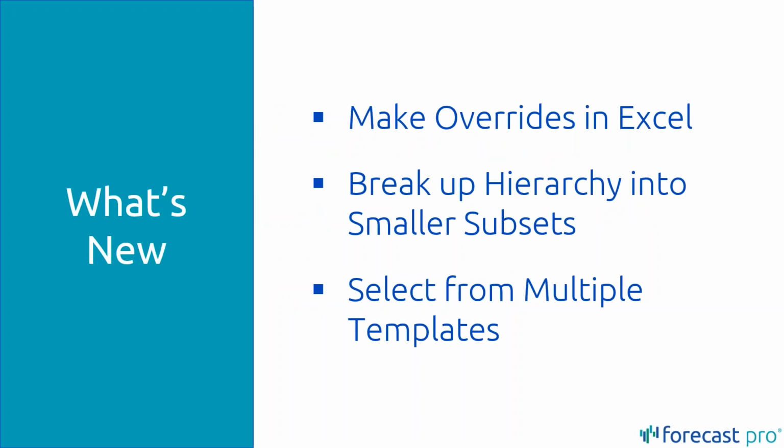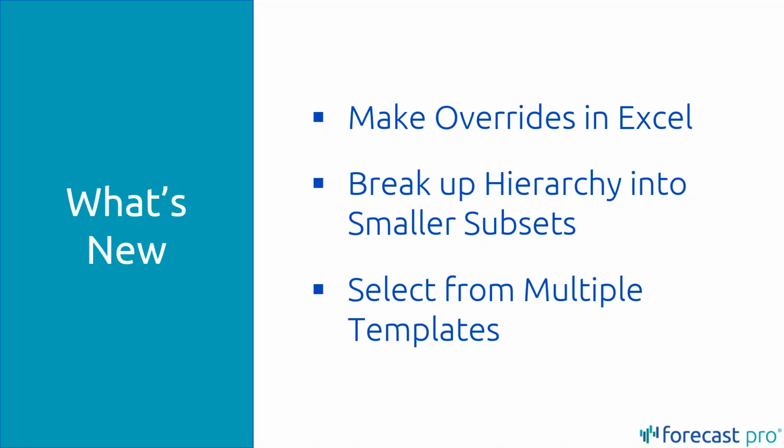So, what's actually new in the Excel collaboration? Well, as the name suggests, the primary way for us to work now is to export overrides into Excel so folks can actually make changes within Excel itself. Unlike the current version of the software, where all overrides must be made internally in Forecast Pro, this allows us to export the overrides and work within Excel.